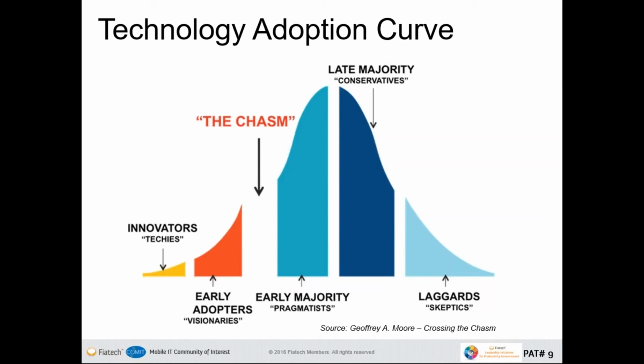The early adopters or the visionaries are a little bit harder to push the technology to. Typically they need a killer application in order to see what they need to focus that technology on. So think about the techies as the people who, maybe with the HoloLens from Microsoft, think it's really cool.